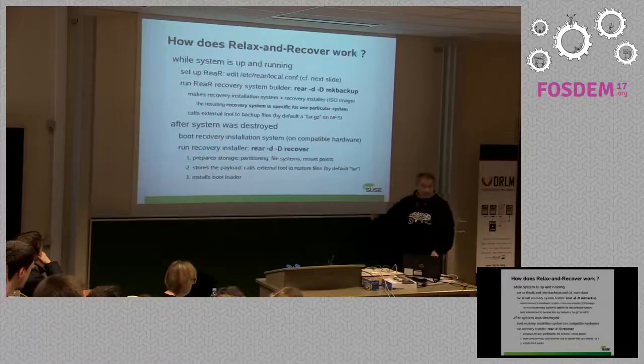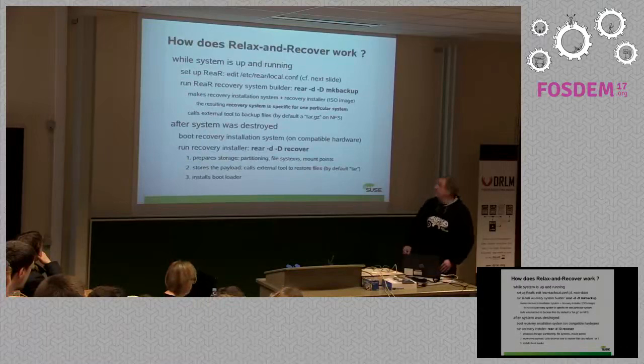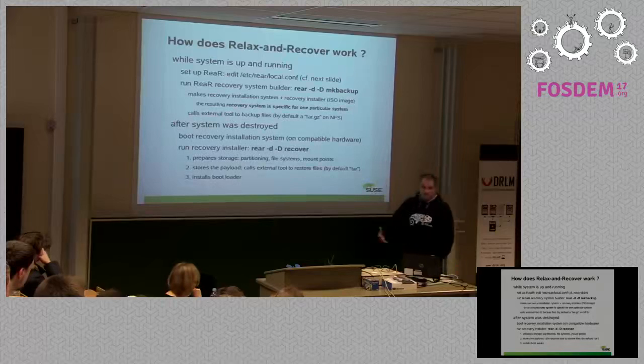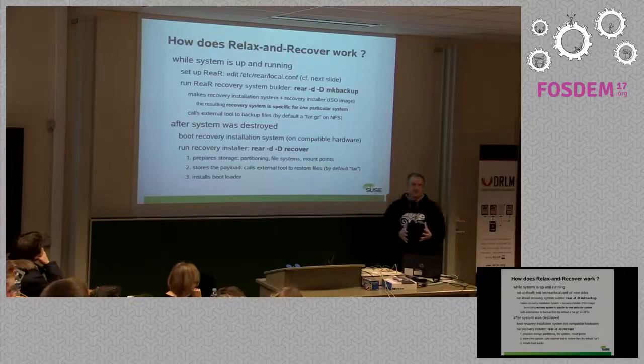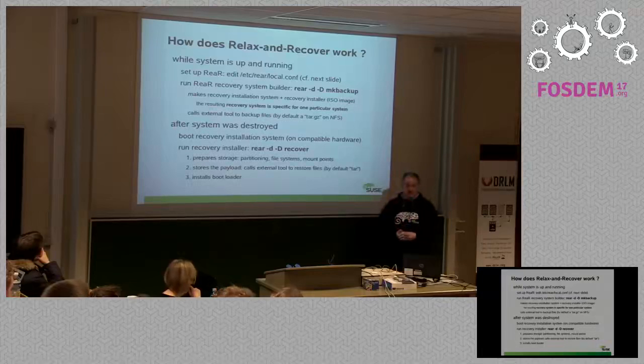How does it work? It's the same as before. There are two commands. The one command is called rear mkbackup, and it does two things. It makes an installation system, the rear recovery installation system, and it calls a tool, by default tar, to make a backup.